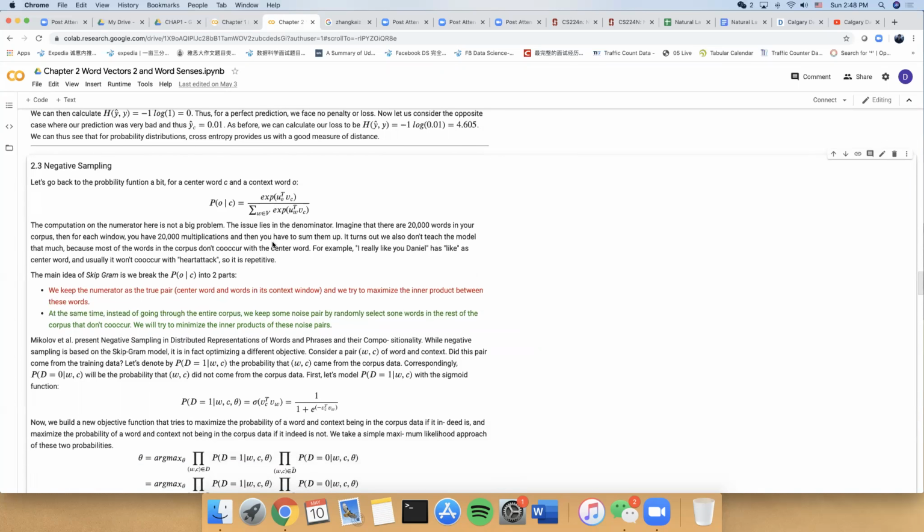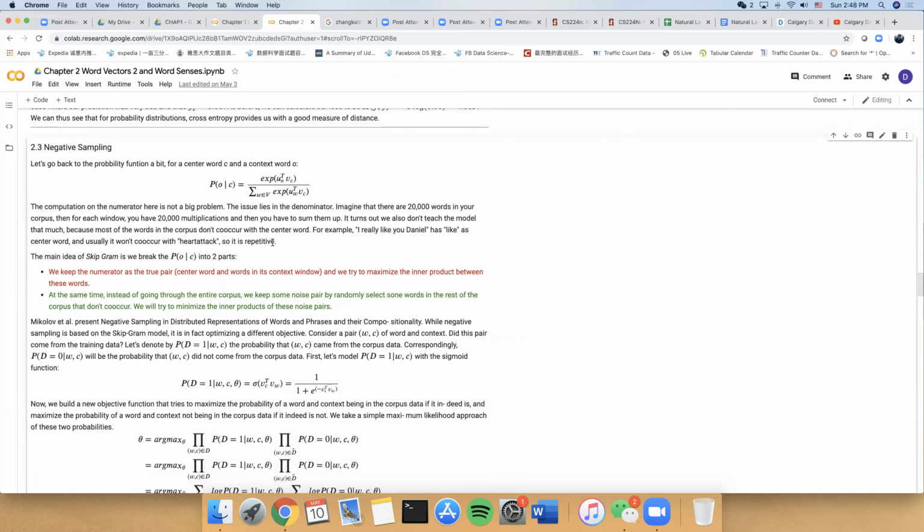Basically, what we do here is we keep the numerator as a true pair, which is a center word and a word that is actually in the context window, and we try to maximize the inner product between the words. But at the same time, instead of going through the entire corpus and all the windows, as we previously looped through, we randomly select some windows which are not the same as a true pair.